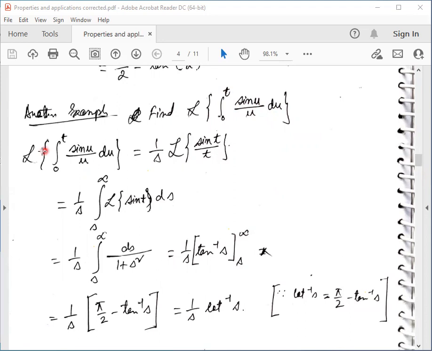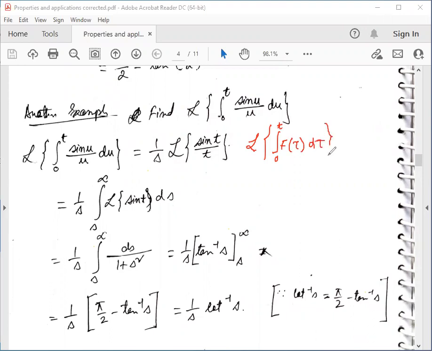Let me write it down here. The Laplace transform of the integral from 0 to t of some function f of tau d tau.